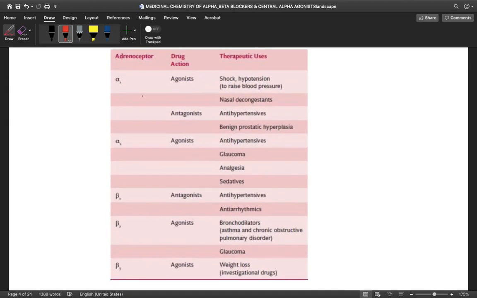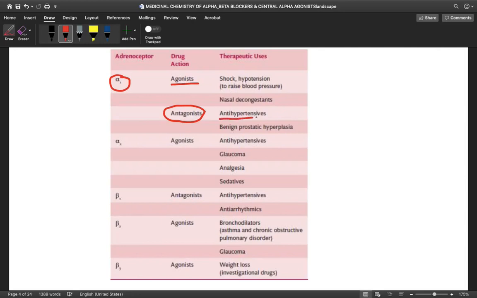Now, again here, if you have an agonist at the alpha 1 receptor, these agonists can be used to treat shock, hypotension, and actually raise blood pressure. If you have an antagonist that binds to the alpha 1 receptor, this can be used as an antihypertensive.